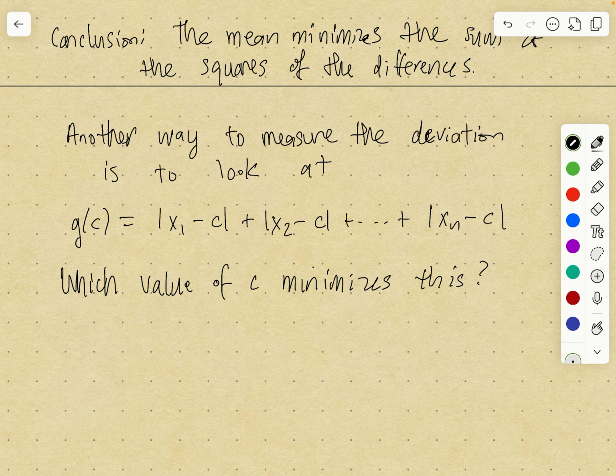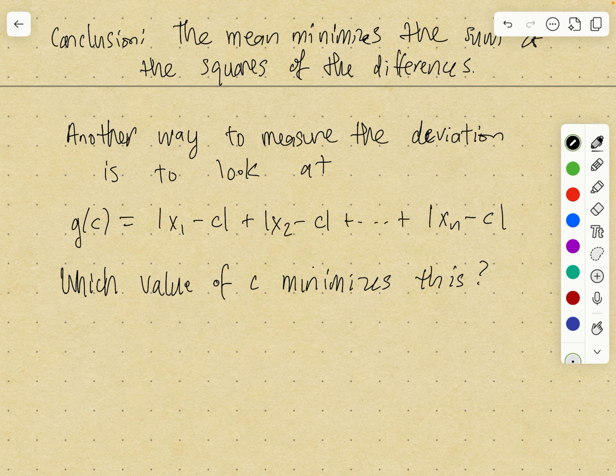So this is slightly more complicated than the discussion of the mean from before, because, well, what's different about this function? What's different about this function is that it's not differentiable at x1 through xn.